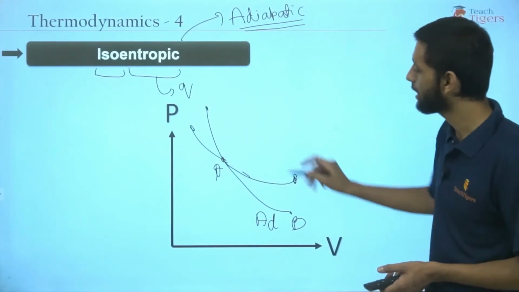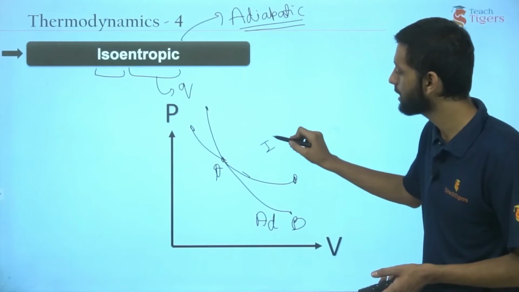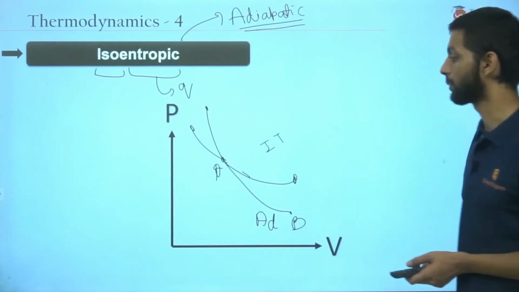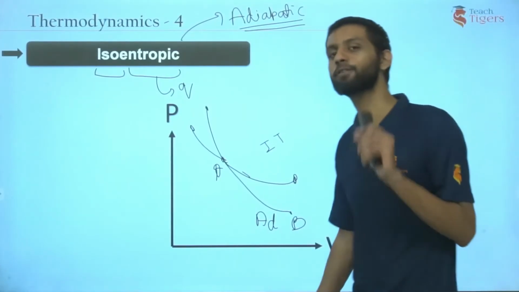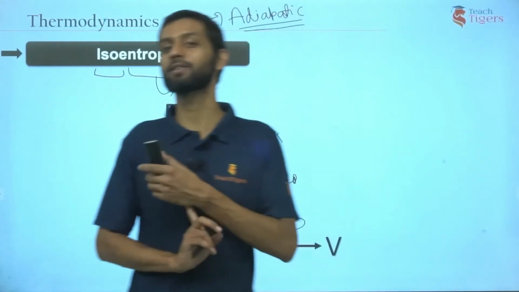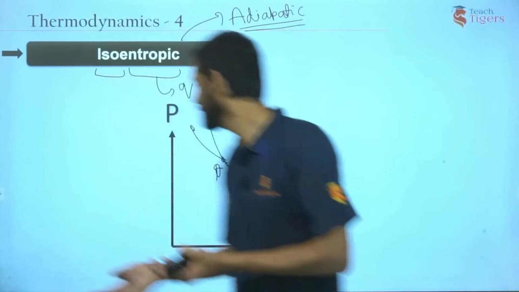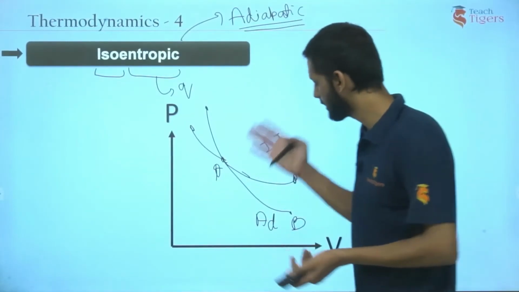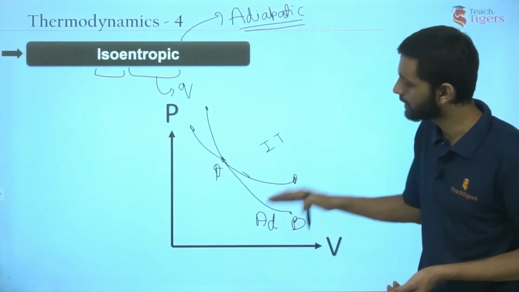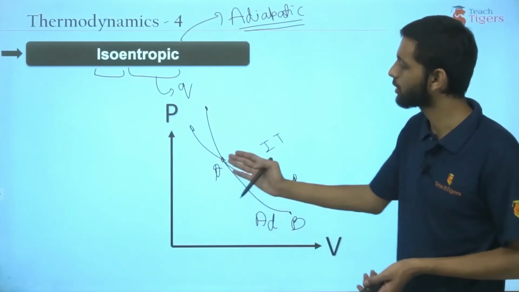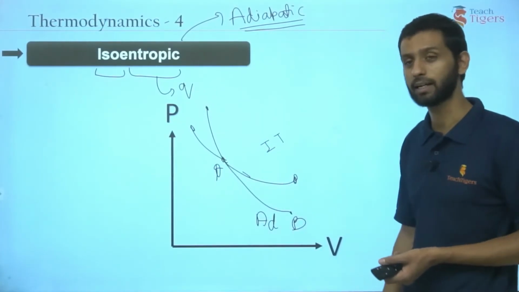And this is my isothermal process. I'm going to write IT over here, isothermal process. So if you have to differentiate between an isothermal process and an adiabatic process using a graph, simply see, during expansion, the process going below is adiabatic. During compression, the process going above is adiabatic.